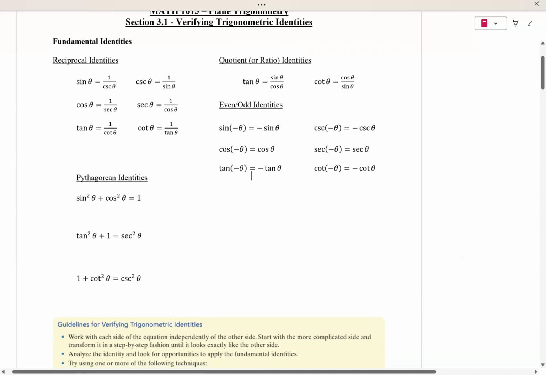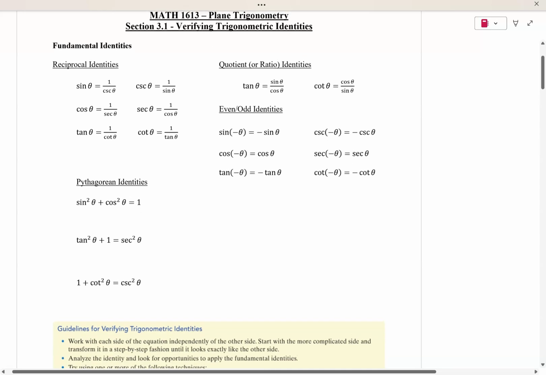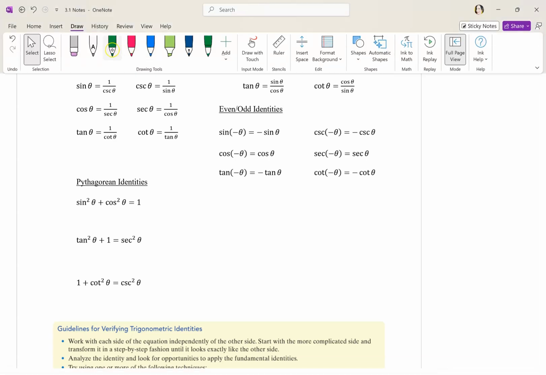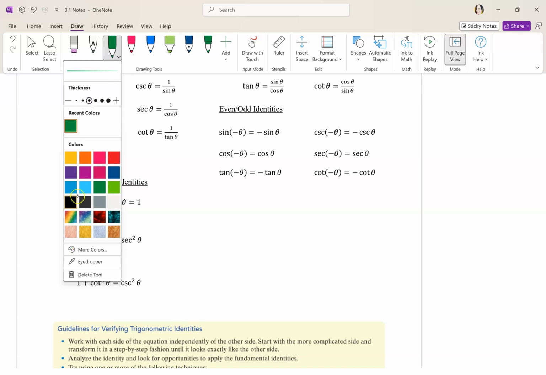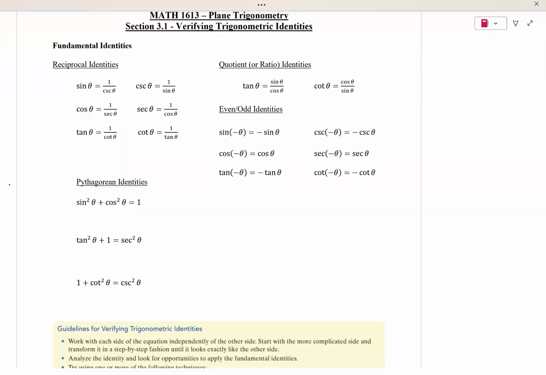The biggest ones I'm probably going to talk about are the Pythagorean identities. There's a couple things that I want you to see about these. Let's switch this to black. I am going to rewrite sine squared plus cosine squared equals 1.